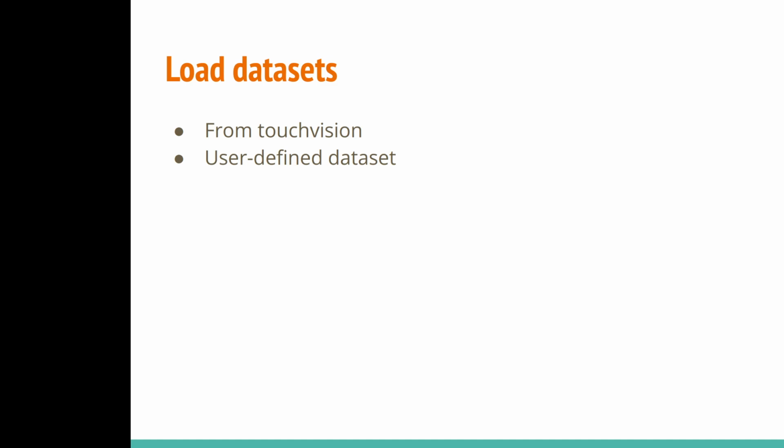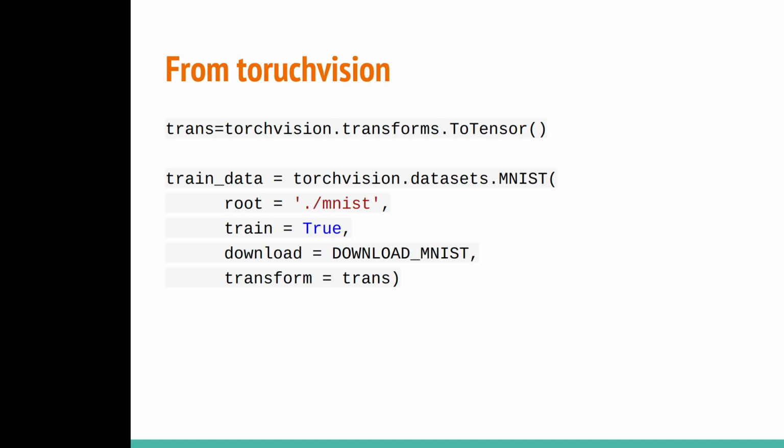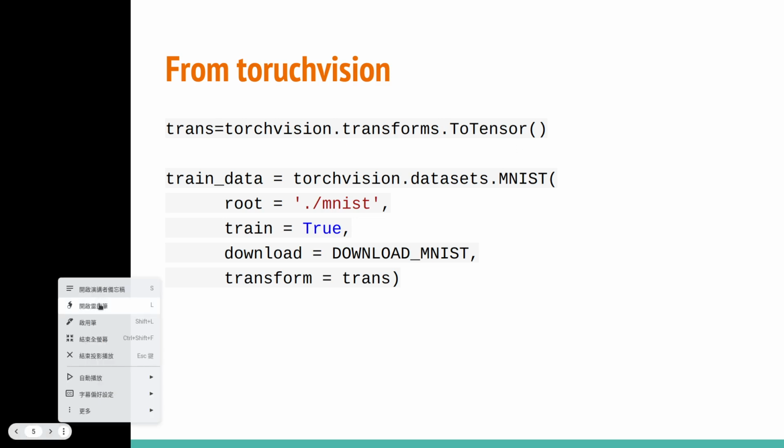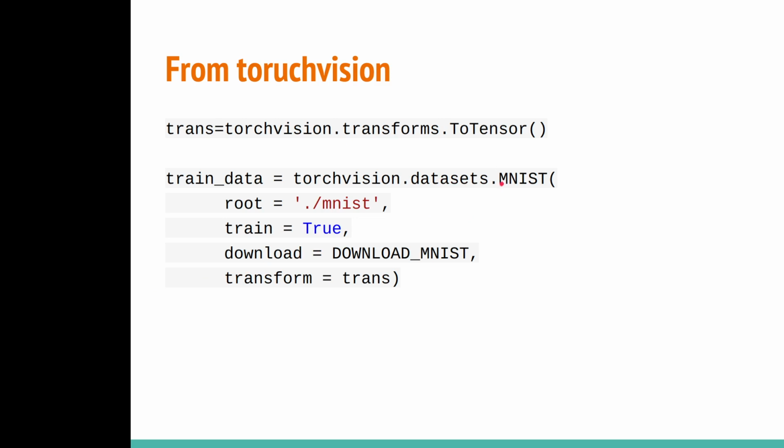The torchvision includes a lot of well-known data sets such as MNIST or ImageNet or CIFAR. And by using torchvision, it is quite easy. We're just using the dataset modules and specify the name of the data you want to load, for example MNIST here.